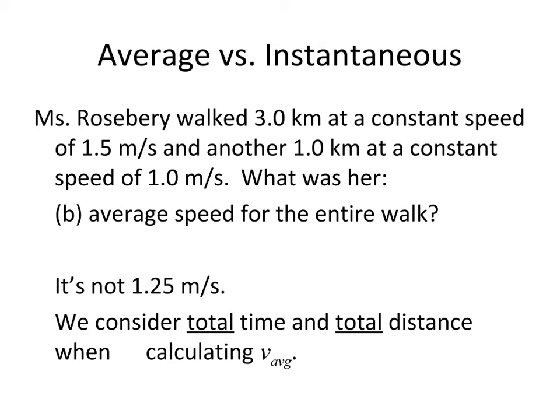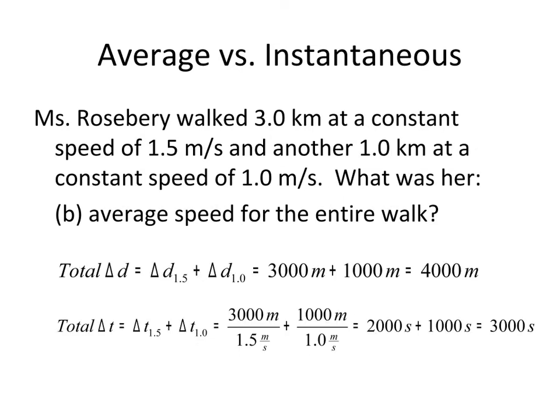Well, it's not 1.25 meters per second, because we have to look at the total time and the total distance when we're finding average speed. So let's have a look at that. To find the total distance, we'll need the distance that she travels in the first part of the trip, and then we'll add the distance that she travels in the second part of the trip. So 3,000 meters plus 1,000 meters is a total of 4,000 meters.